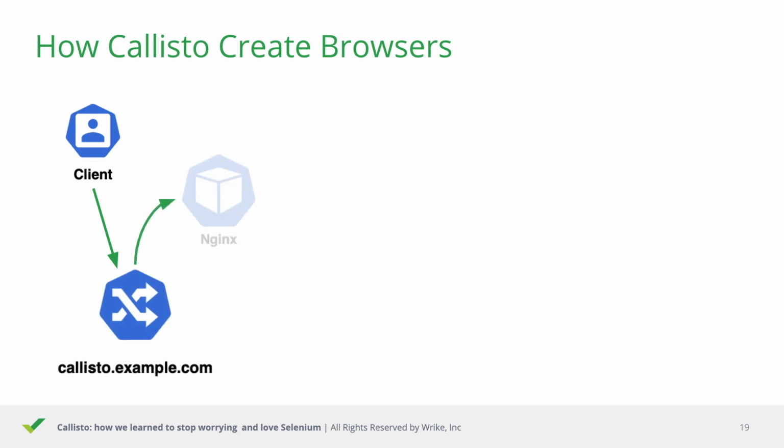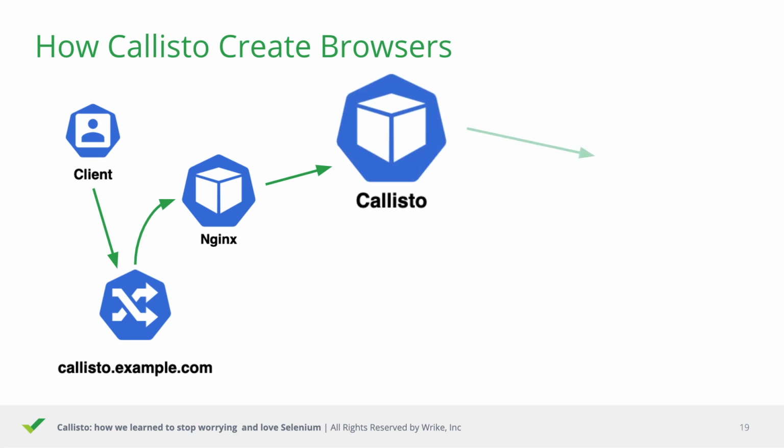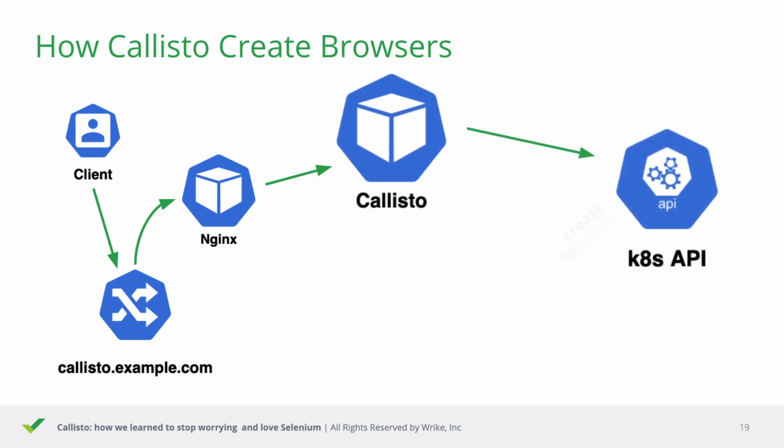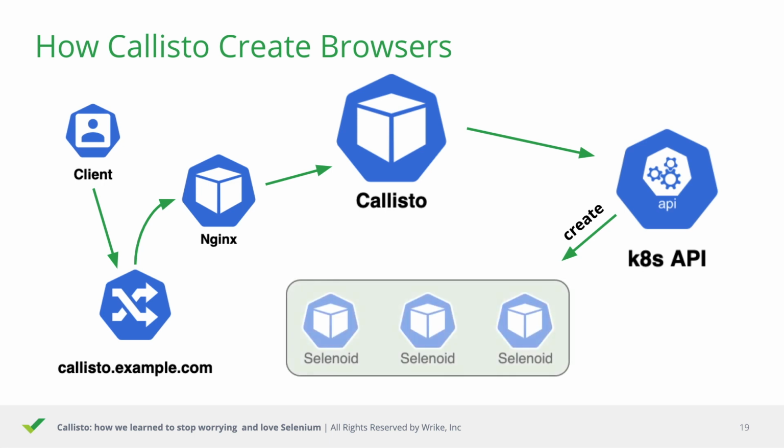Nginx just forwards these requests to our Callisto instance. Callisto uses the Kubernetes API to create a workload, and this is a pod, and in the pod we have a Selenoid container.